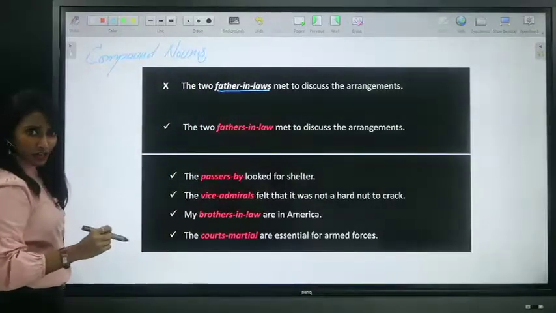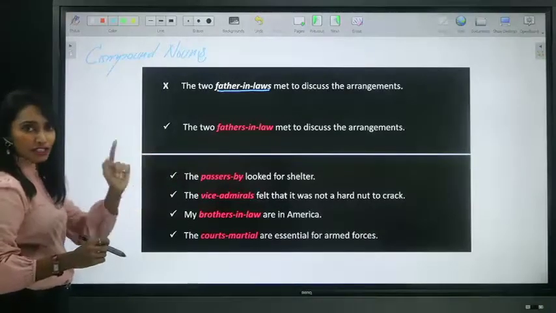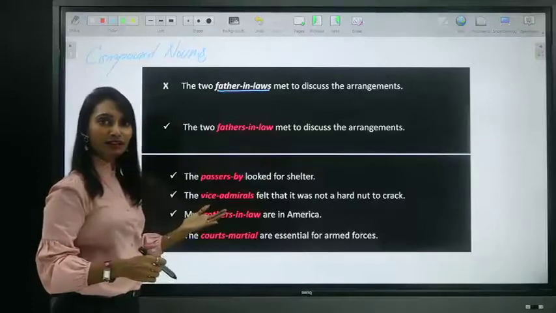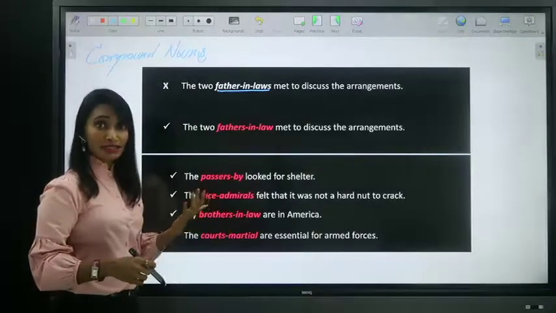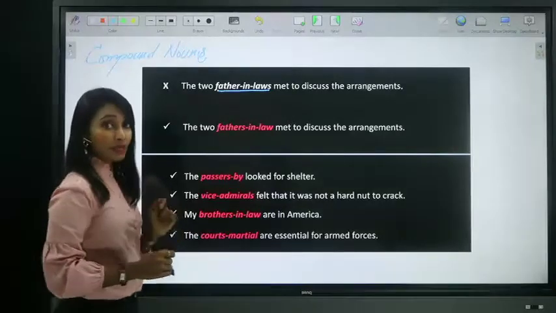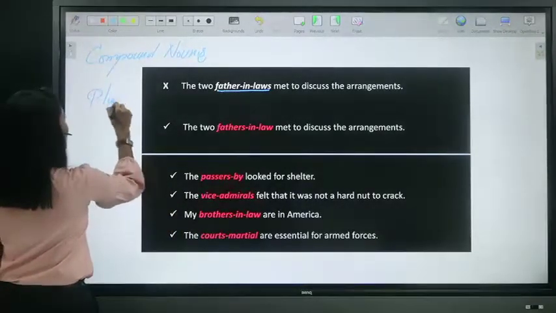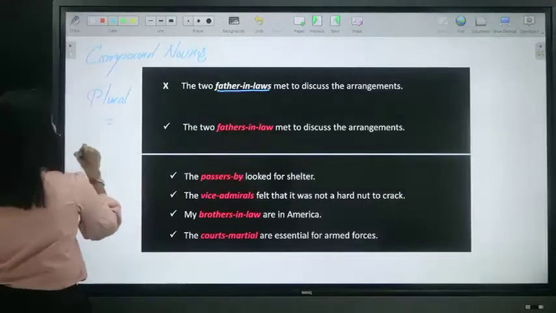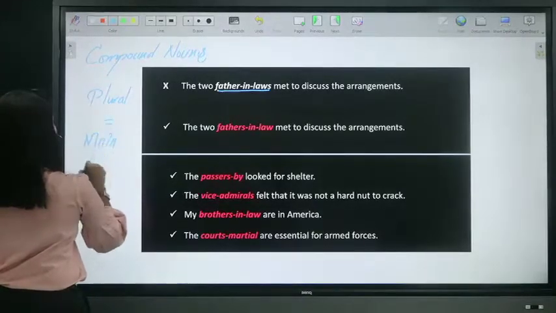Compound nouns are the nouns which are formed by the combination of two or more words as a single unit, just like father-in-law, mother-in-law, son-in-law, sister-in-law, passerby, stepson, right? We discussed that we can pluralize the compound noun, but only by pluralizing the main word.